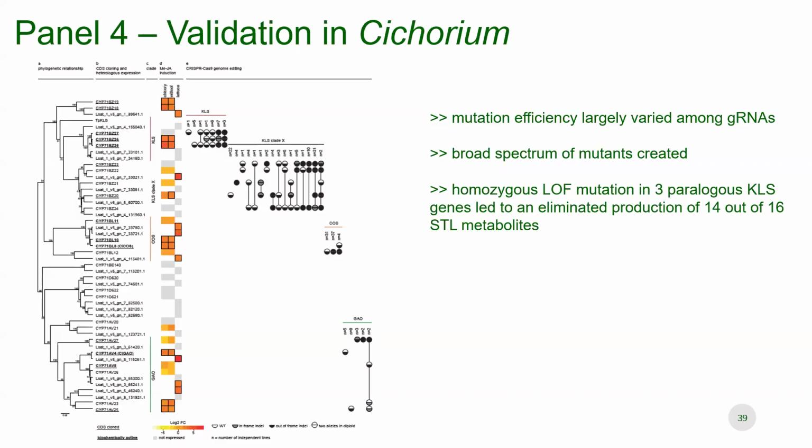All these were analyzed and identified using NGS methods, where we could also see mutation efficiency largely varying among guide RNAs. And we could also have the loss of function mutation in 3 paralogous KLS genes, which really led to a reduction and elimination of the sesquiterpene lactone metabolites.